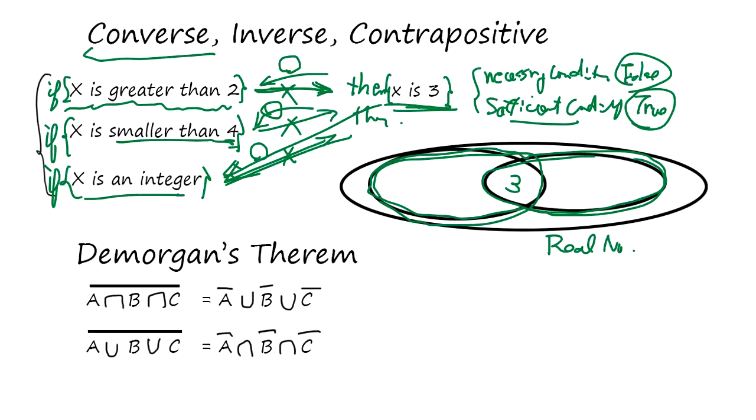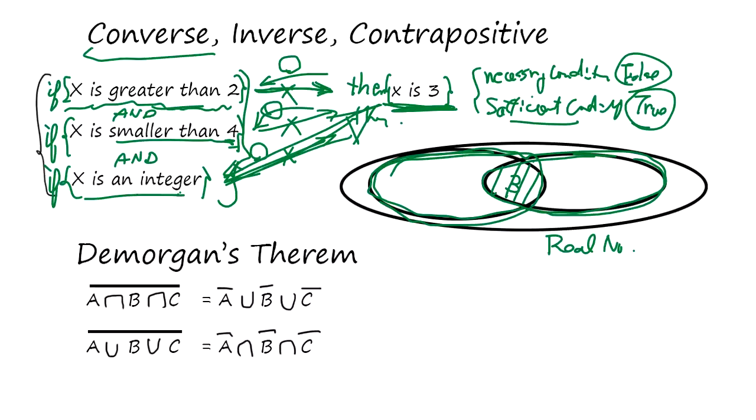If you say x is greater than 2 and smaller than 4 and an integer, then we're talking about this area, right on 3, right? So if we bring all of them together, it becomes a sufficient condition. We can say this and this and this is sufficient to say x is 3.